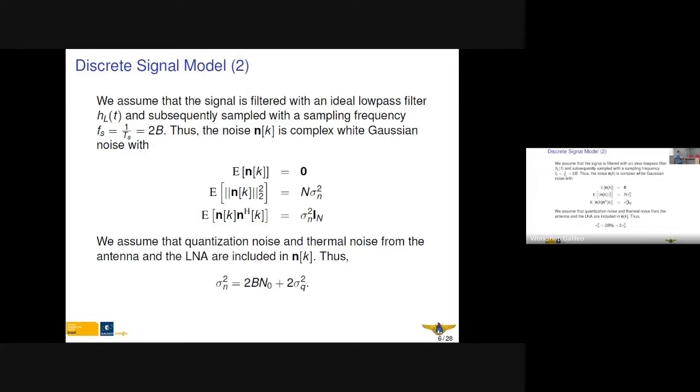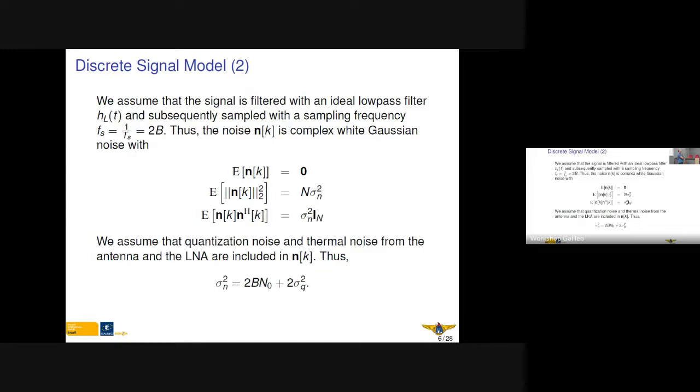We assume that the quantization noise, which means how many steps of quantization we use and so on in the receiver, and thermal noise from the antenna and the LNA are included in n, and thus the sigma_n squared is effectively 2BN_0 plus 2 times the variance of the quantization noise.